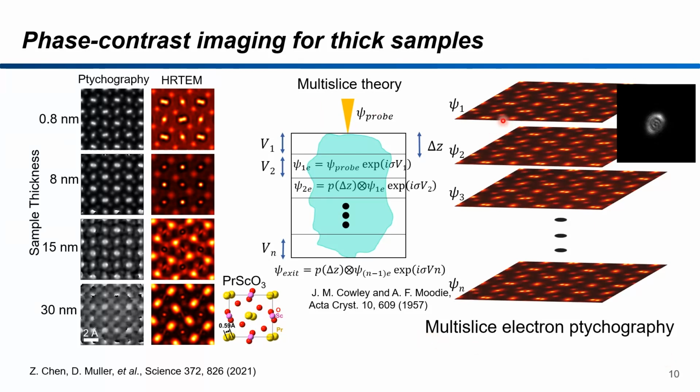So instead of using a single projected potential, we can use multiple transmission functions from different slices, and also reconstruct this incident probe function. So compared to the conventional ptychography, here actually we need to reconstruct more unknown parameters about the sample structure.